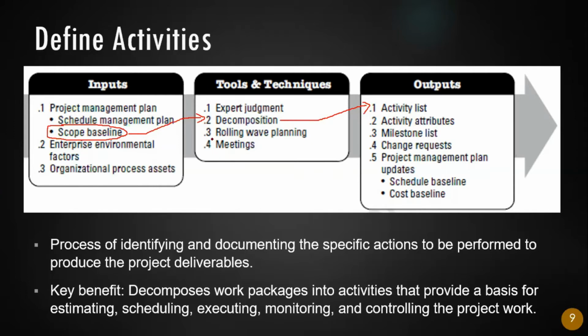Then we have something called rolling wave planning. So what is rolling wave planning? It's nothing but the concept called progressive elaboration, where in a project, sometimes you may not have 100% of the information to do the schedule. So what you do is take whatever information is available. Let's say you get 90% of the information. You have collected the requirements, and you have 90% clarity.